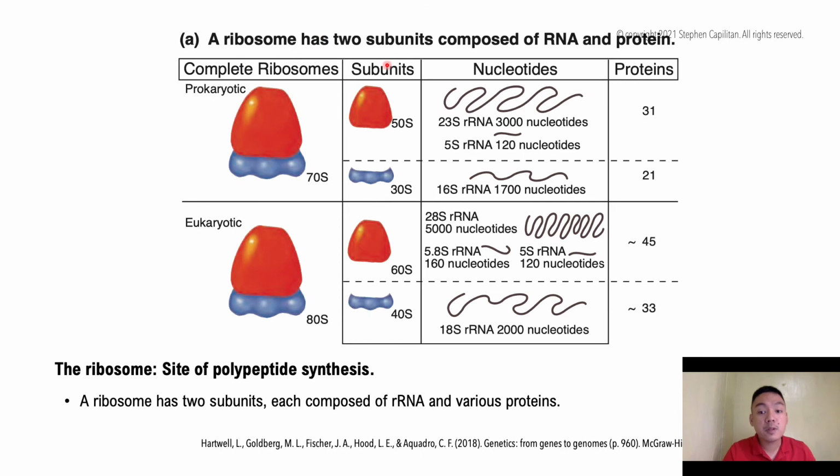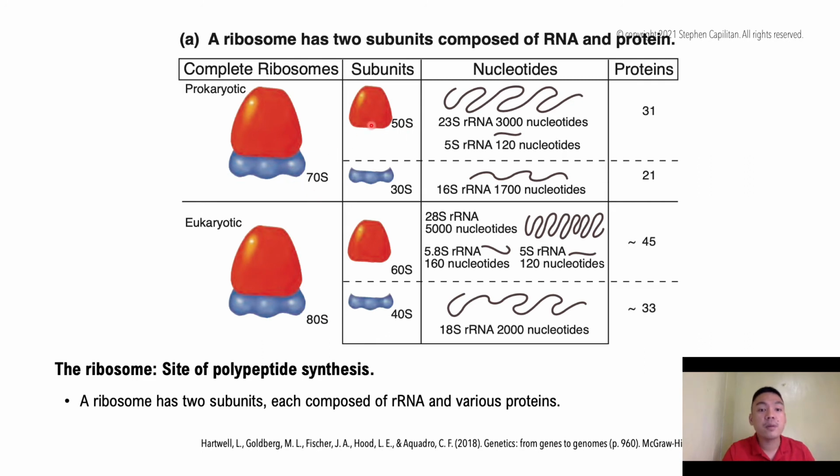So the ribosome has subunits, the small and the large subunits, and they're composed of RNA and protein. Prokaryotic and eukaryotic ribosomes differ in size. The eukaryotic is quite larger, it's 80S, and the prokaryotic is 70S.